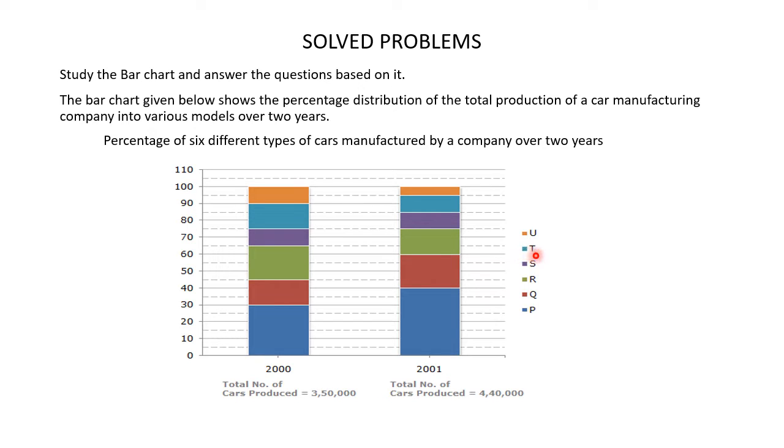Light blue color indicates T type of cars and brown color indicates U type of cars. Also, it's given that total number of cars produced in the year 2000 is 3,50,000. Total number of cars produced in the year 2001 is 4,40,000.